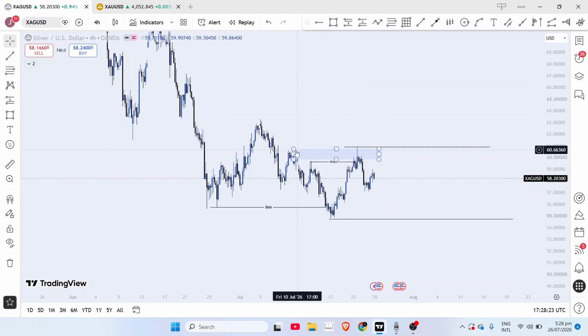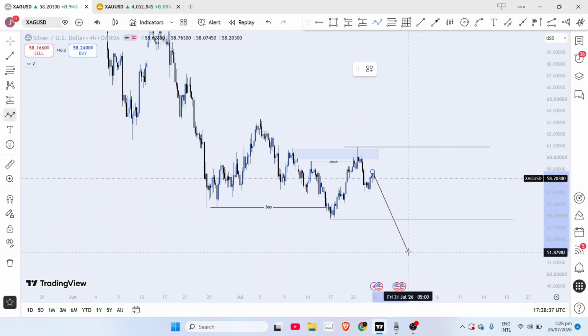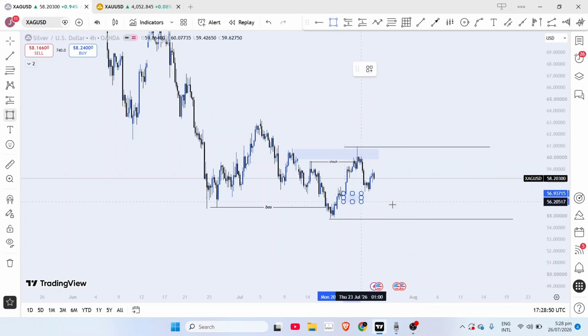It swept this point of interest. So silver is not really showing very bullish intent, just like gold is showing. So what if it just continues selling to take out this low? Do you get what I'm saying? So for silver, I'm not really considering it to be very bullish unless it shows bullish intent. So a point of interest that will be worth looking at is this side, just like gold.